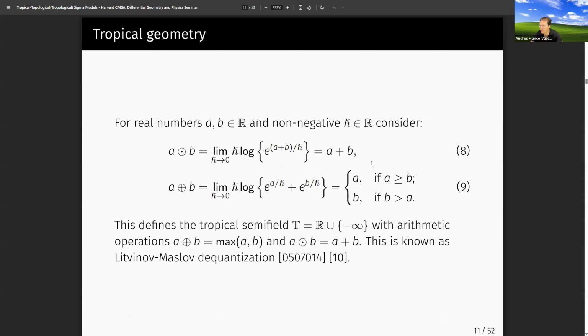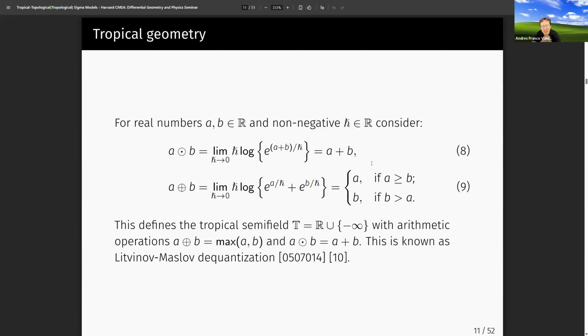Okay, so now tropical geometry. It turns out the tropical geometry that we're going to have to use is actually very introductory. You don't have to know a whole bunch of algebraic geometry, but of course, the further developments would require it. The thing about tropical geometry is that you can define addition and multiplication between tropical numbers as a sort of deformation of the standard addition and multiplication of the complex numbers, not the reals here.